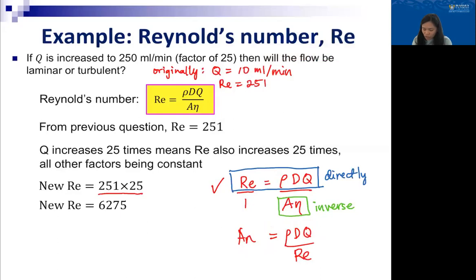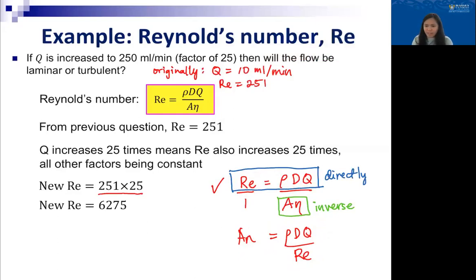With the second equation here, what we are solving is A times eta and not the Reynolds number. So it's hard to see what will happen to the Reynolds number if you change the density, D or Q. So when you're comparing direct or inverse proportionality, the two quantities should be at opposite sides of the equal sign, so that if you change Q, for example, then you will be able to solve for the Reynolds number.